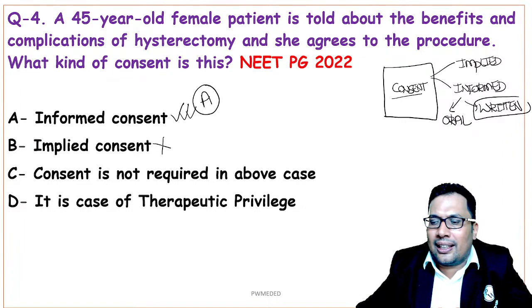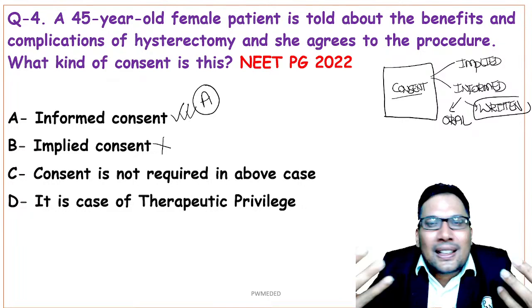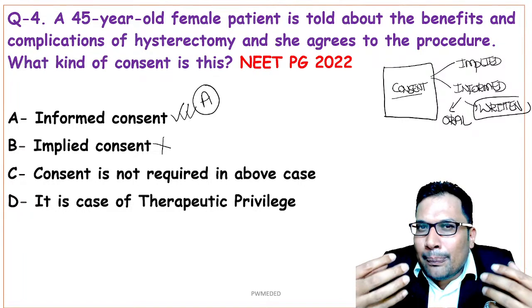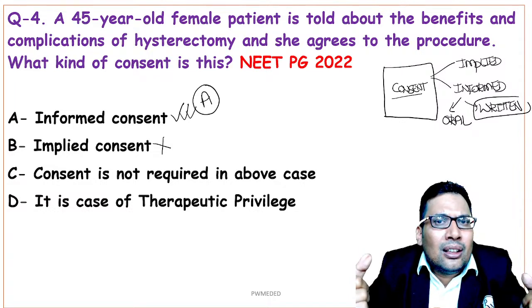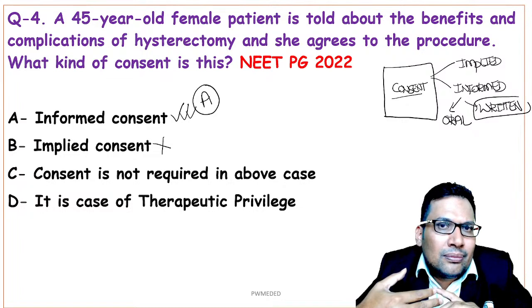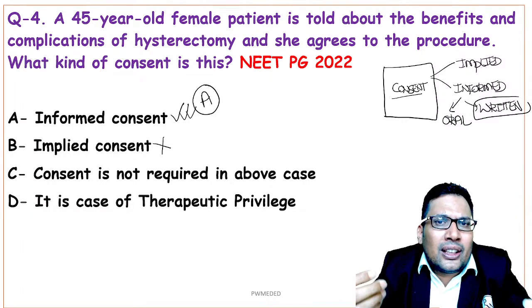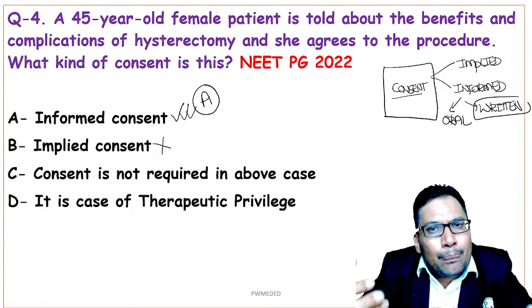What is implied consent? Implied consent means the action of the patient itself implies that consent is given. For example, a patient is waiting for you in the clinic or in the nursing home. That implies that the consent is given for inspection, palpation, percussion, auscultation.